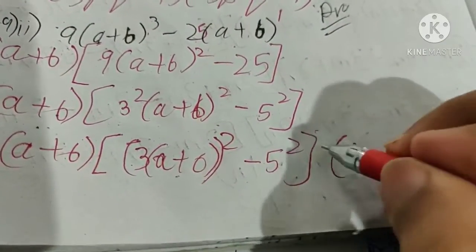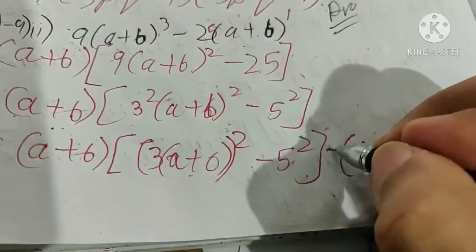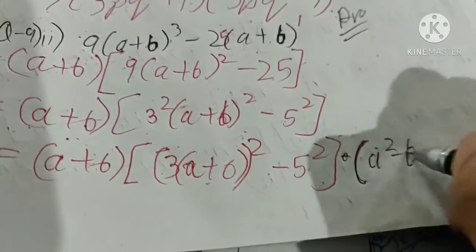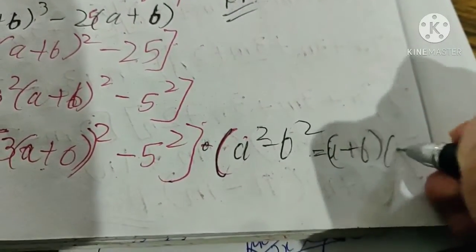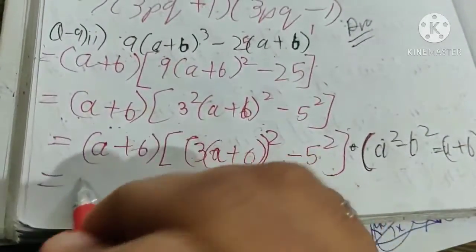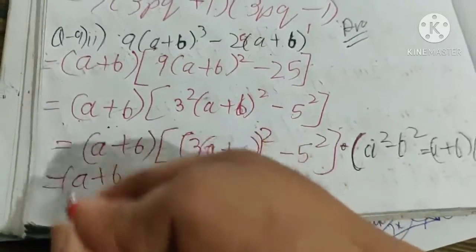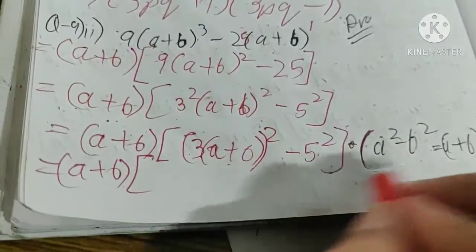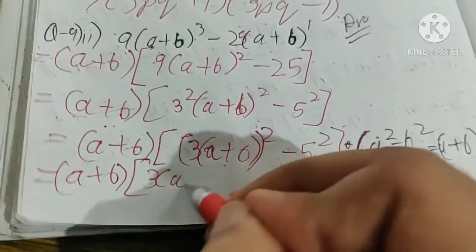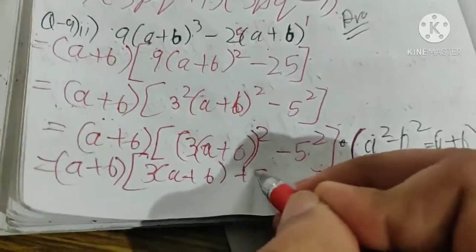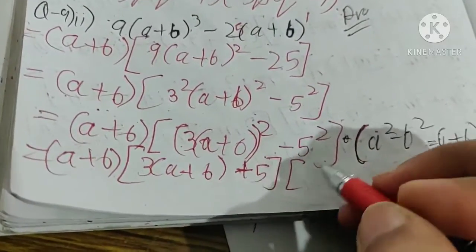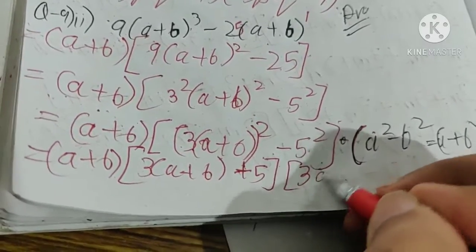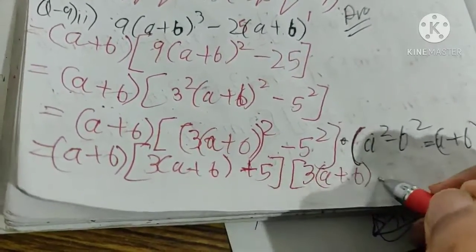There is an identity here, a square minus b square equals (a+b)(a−b). So we make the identity: first term plus second term, 3(a+b) plus 5, and then first term minus second term.